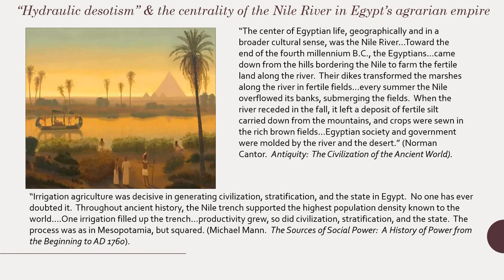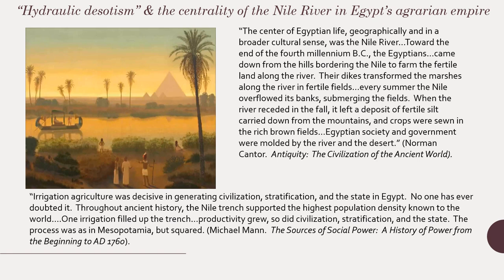Despotism means kind of top-down authoritarian control. It could only be done, at least as effectively as it was done, and on such a large scale, by making full use of the Nile River and control of that river. So Egypt's agrarian empire had the hydraulic basis that many such empires, as we'll see, have.